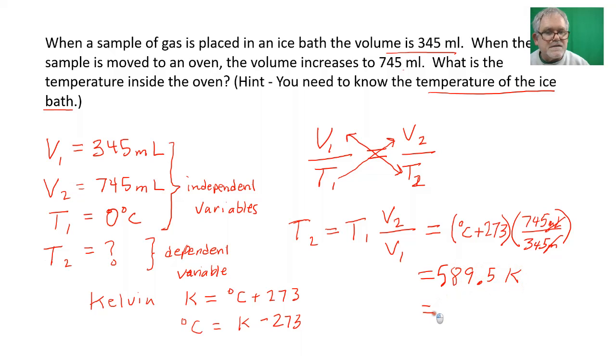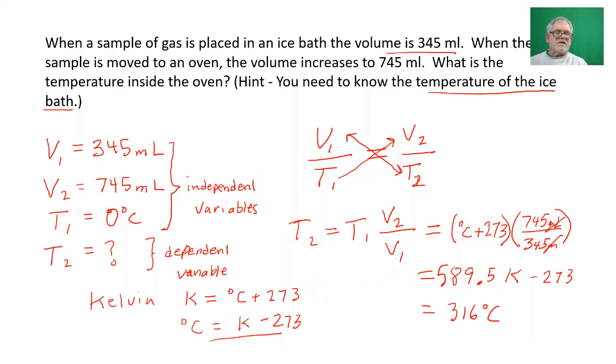Okay, well, what is it in Celsius? Well, to get that, we have to subtract 273. Equals 316 degrees Celsius. Okay, so it makes sense.